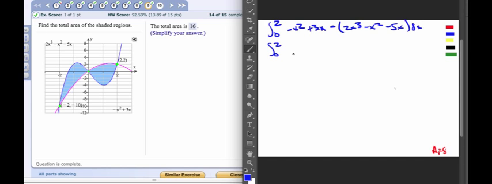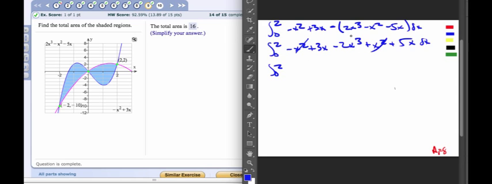Simplify it out, we get from 0 to 2 of -x squared plus 3x minus 2x cubed plus x squared plus 5x dx. We can cancel these out.